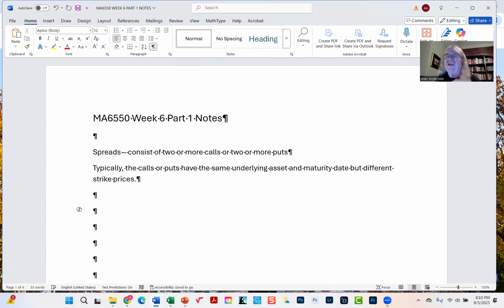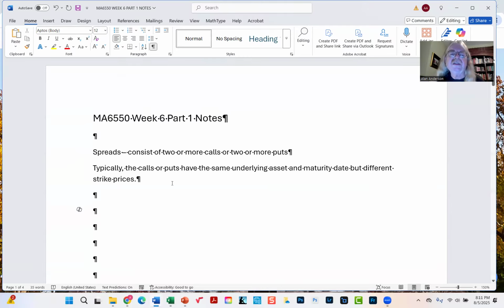That's really where a lot of the strategy is coming from. It's a question of where you put those strike prices, and that depends on what you're trying to accomplish. If you do have different assets or different maturity dates, then you're looking at a different type of situation anyway, so they would not normally fall into this category. So going forward, we'll just assume that in each of these cases, we always have the same asset and the same maturity date with different strike prices.